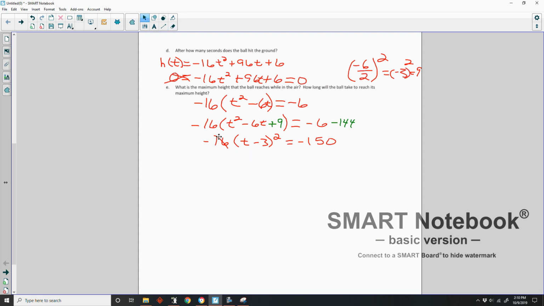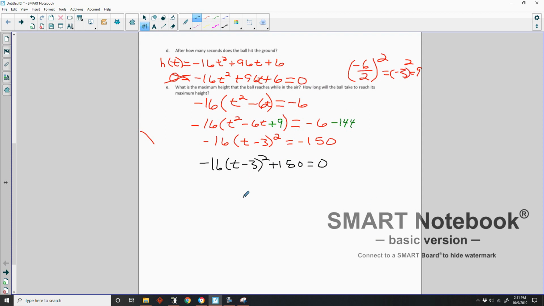Alright, and then I just want to move that out of the way. So we have negative 16 times (t minus 3) squared equals negative 150. To put that in vertex form, which we learned in the last section, it would be negative 16 (t minus 3) squared. Move this 150 back over here, and it's positive 150 equals 0.